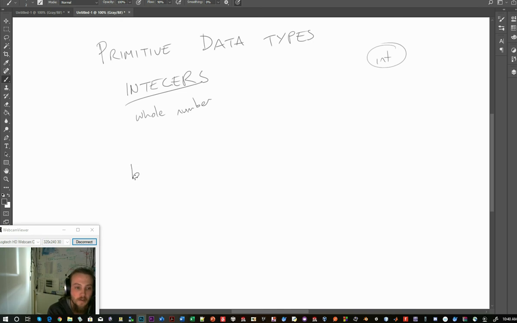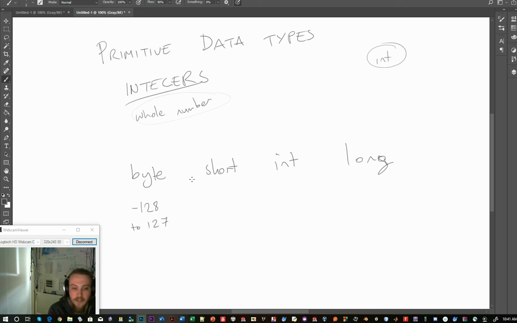So we have byte, short, int, and long. So these define the fact that we can store whole numbers in these, but we also can store different sizes of whole numbers. So the byte can hold whole numbers between negative 128 to 127.